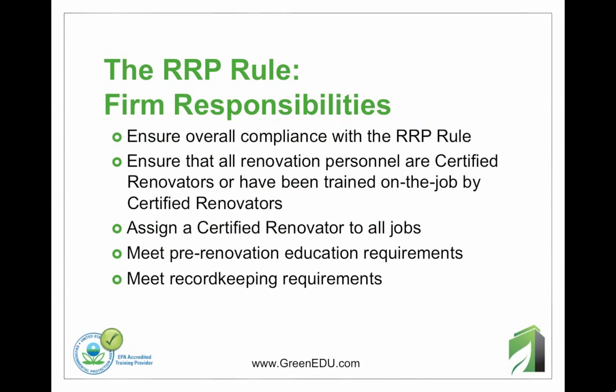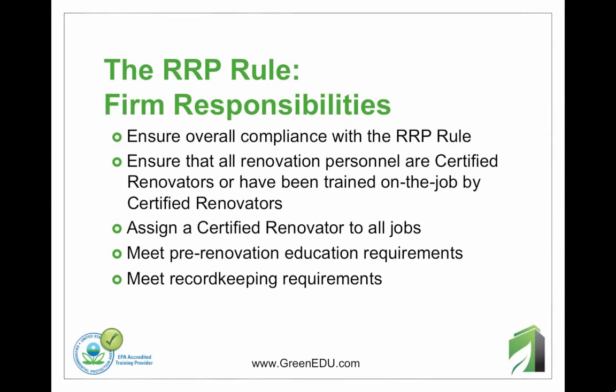Next slide. So the firm has responsibilities, and really when we say firm responsibilities, we're talking about the owner himself or herself. They have to ensure overall compliance with the RRP rule. Ultimately, if something goes wrong with the project, it will fall on that owner of the company. The firm has to ensure that all renovation personnel are certified renovators, so they either have gone through an 8-hour training or they've been trained on the job by a certified renovator.